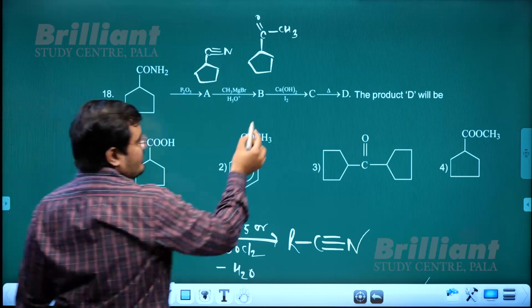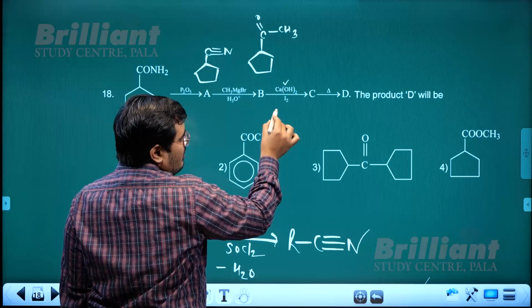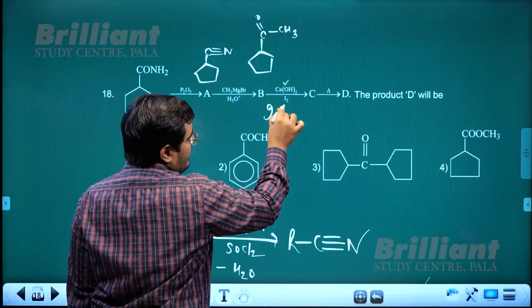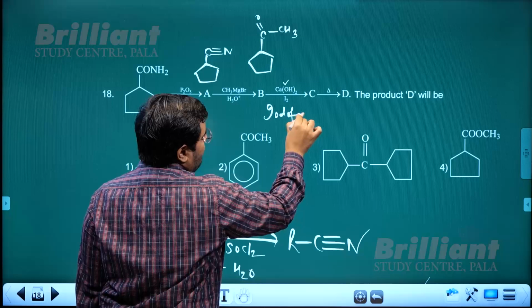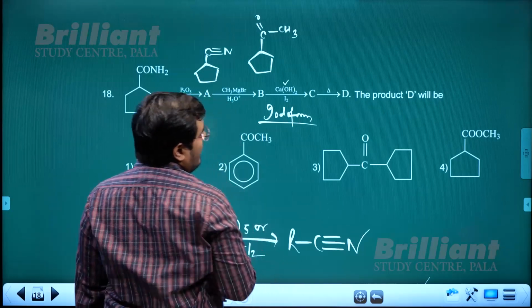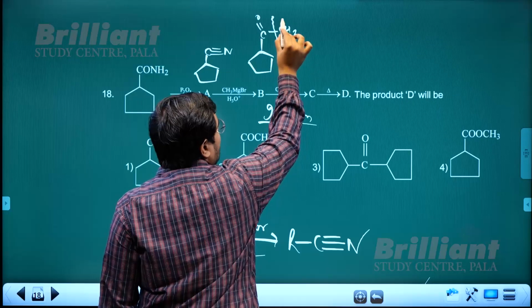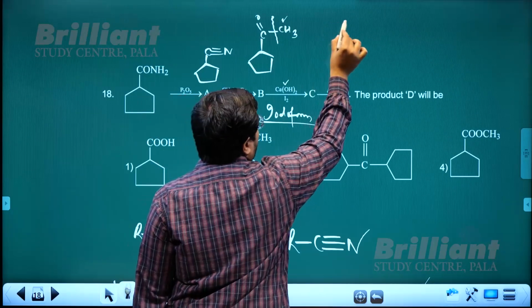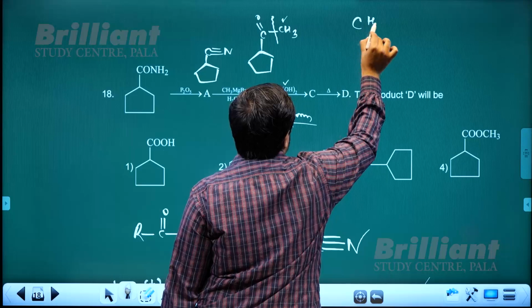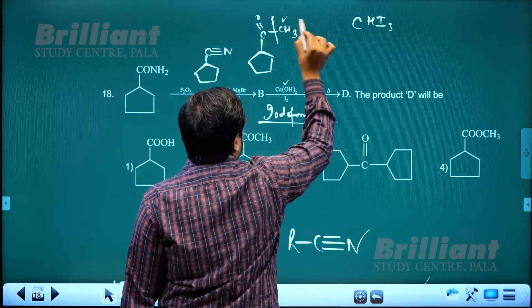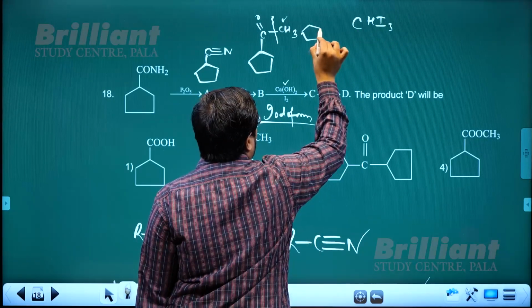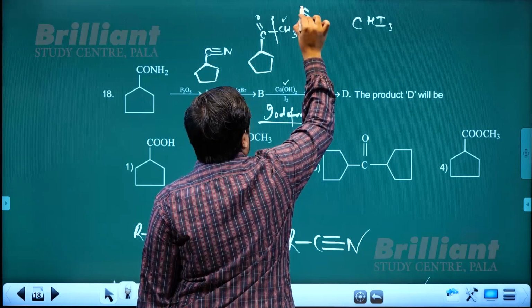Next reagent, if you see, you are taking a base along with iodine, so this will result in the haloform reaction. In haloform, I have already told you, if it is a methyl ketone, then this carbon will be converted into CHI3, whereas that carbon will be oxidized to carboxylate.